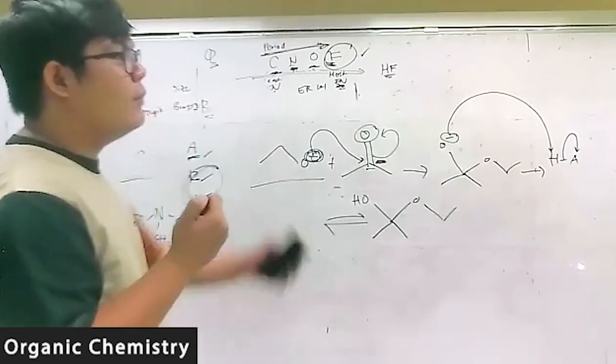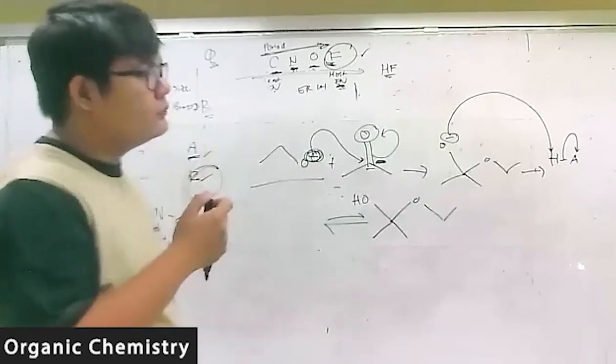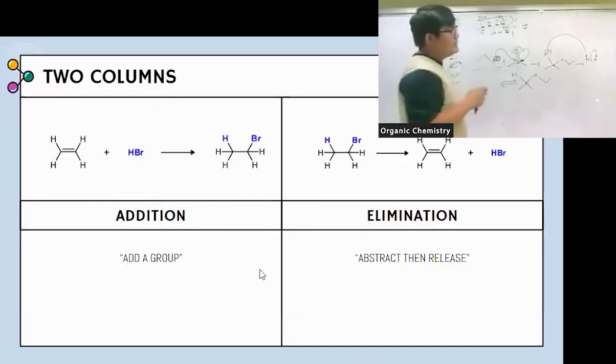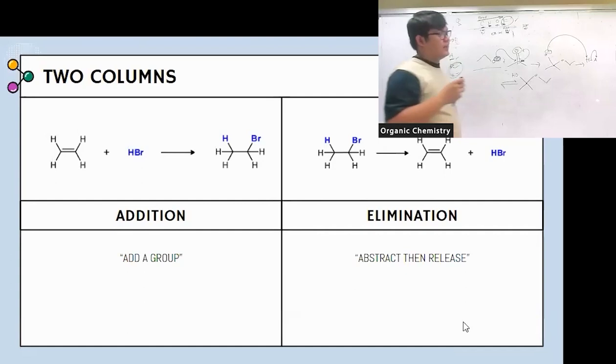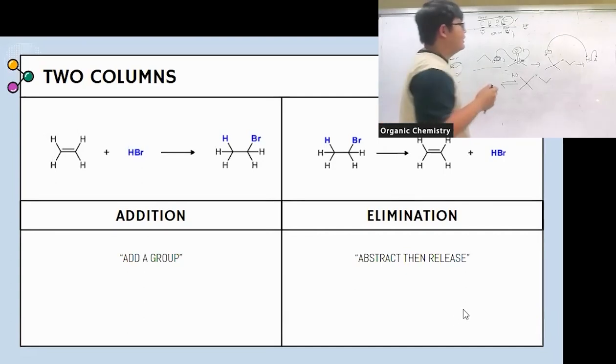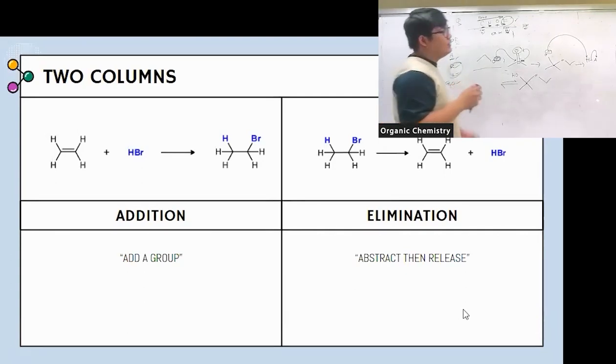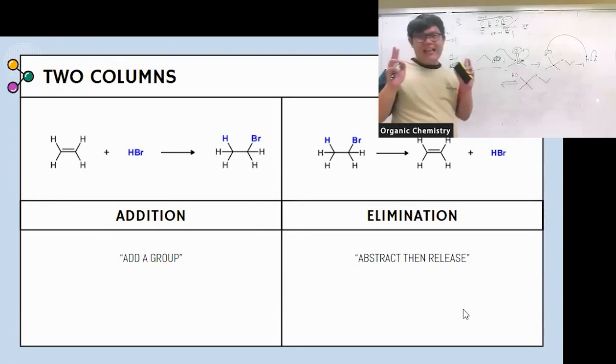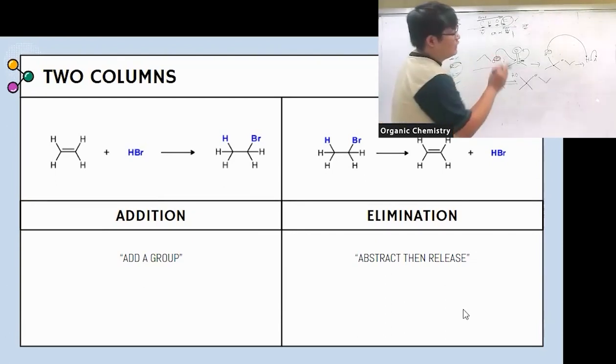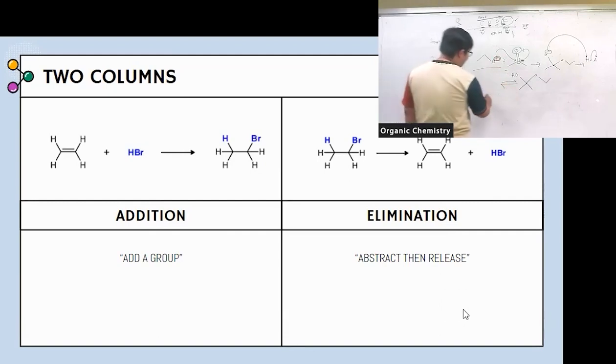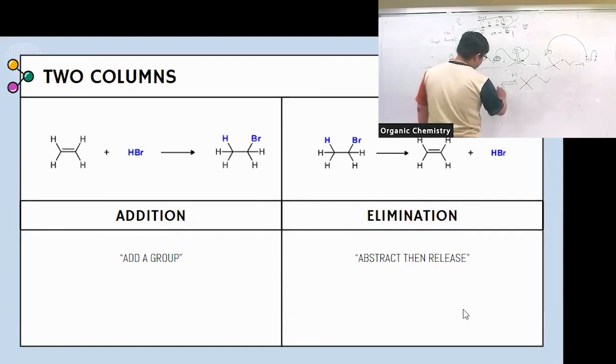So let's now go back to the slides. And if you can see now the slides, we have here several reactions. When you're dealing with addition, elimination, tatandaan nyo lang, add a group. Tignan nyo yung reaction. Meron akong ethylene. Meron akong methylene. Ayan.